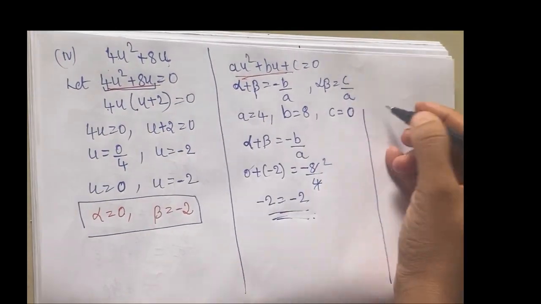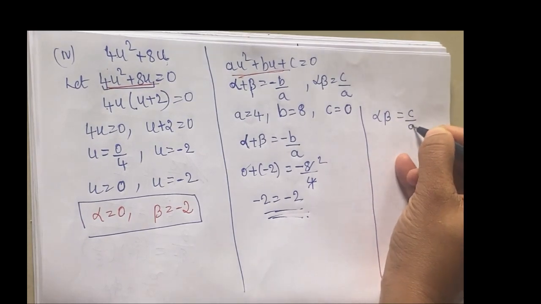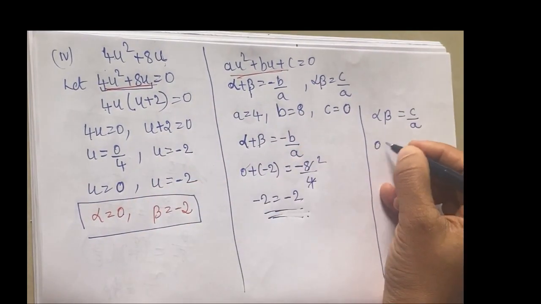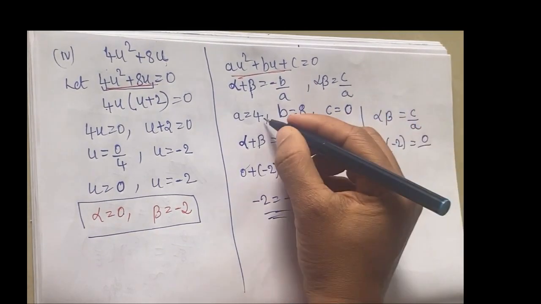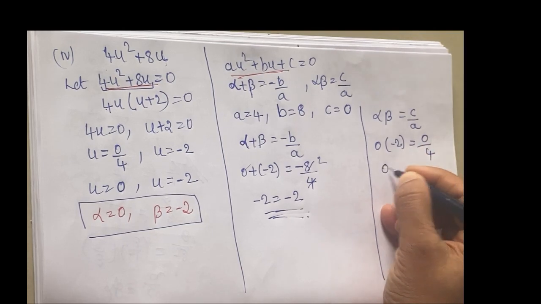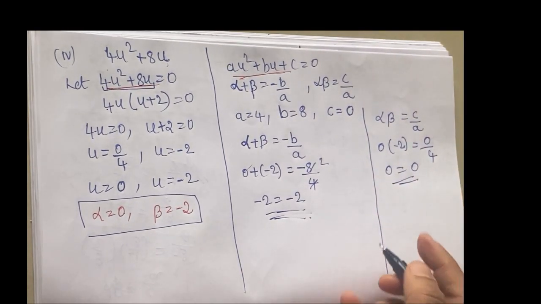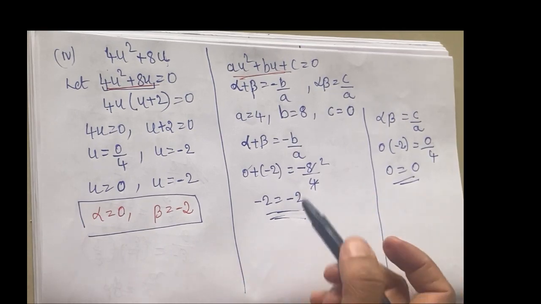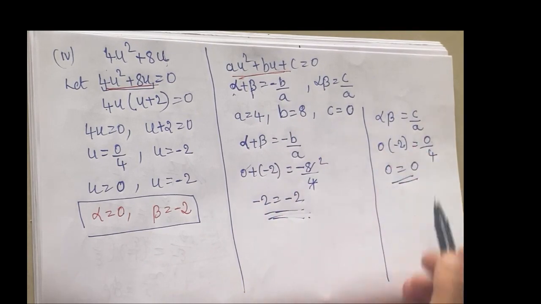Next, alpha into beta, the product, is c by a. Alpha is 0, 0 into minus 2 is 0, and c is 0, so 0 by 4 is 0. 0 is equal to 0. Therefore, the relationship between the sum and product of zeros and coefficients is verified.